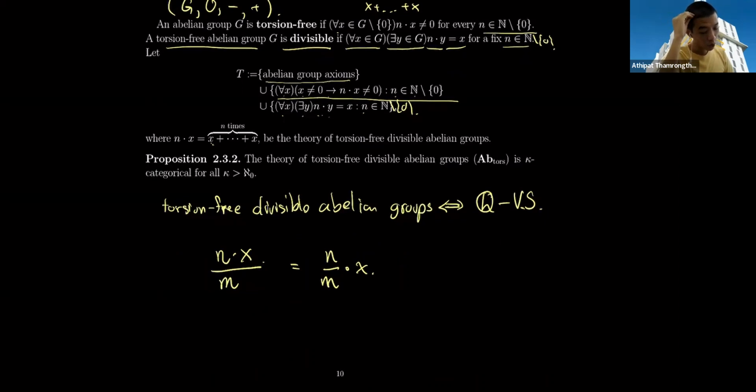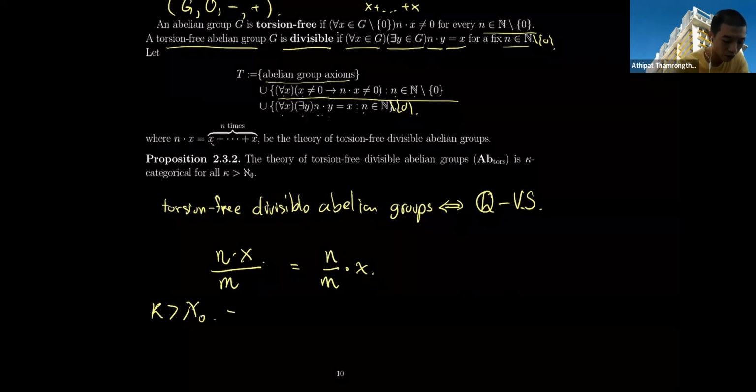And you can show that if kappa is uncountable, then every uncountable torsion-free divisible abelian group of the same cardinality is isomorphic.